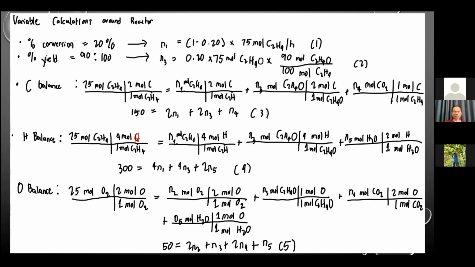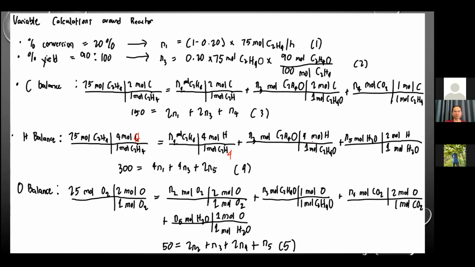We just need to know the amount of hydrogen in each compound. So in 1 mole of C2H4 there are 4 moles of hydrogen.